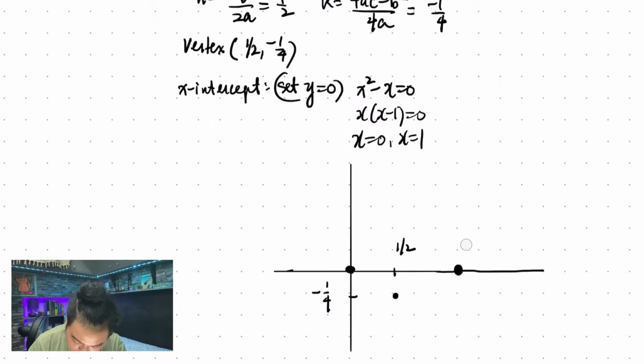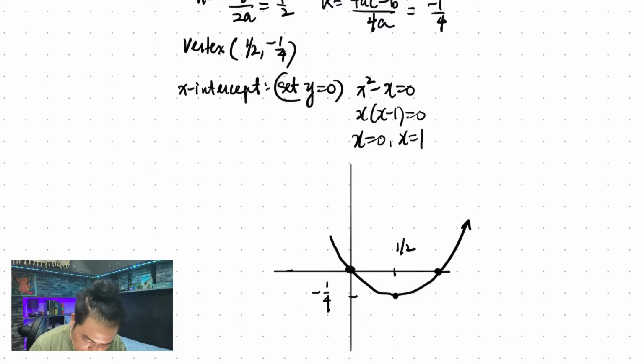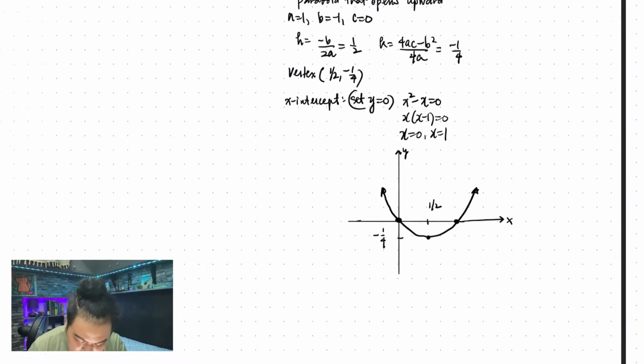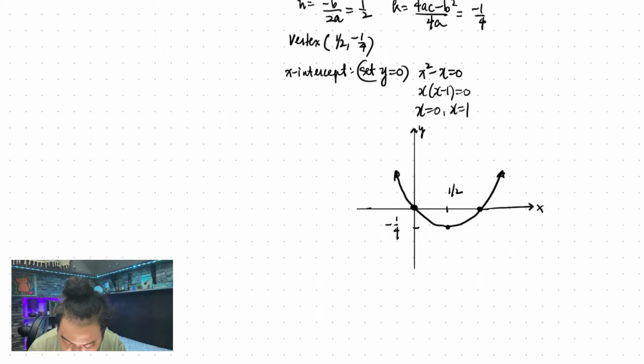Ay, sobra pala ako ng bilang. So, this is 1/2 unit. So, 1 plus 1/2. So, ito yung graph. Kaninong graph to? So, yan yung graph ni y equal to x squared minus x.